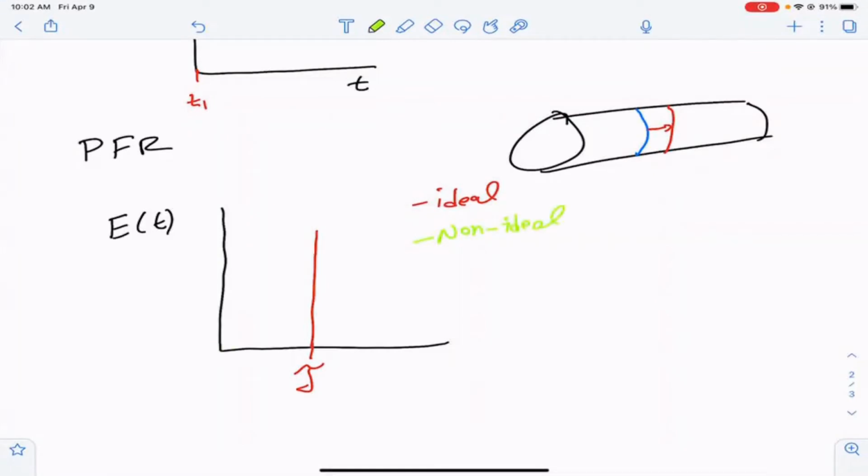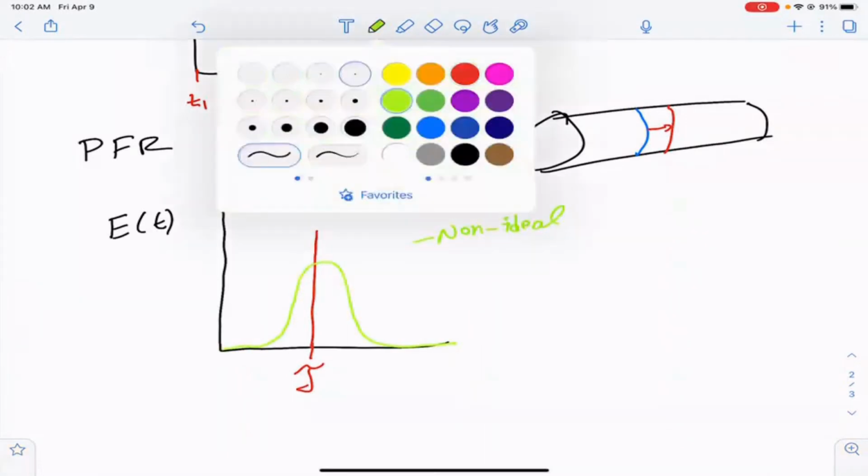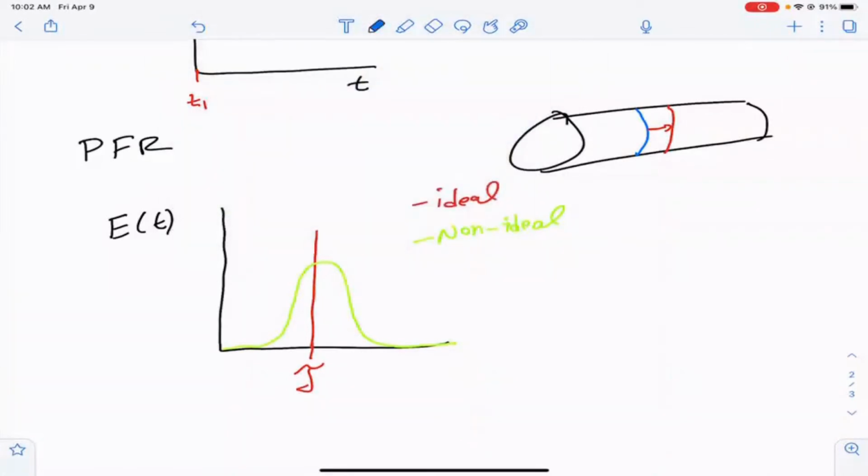Well, actually, you could have an E of t that was broad. You also could have one, let's say that we had short circuiting and back mixing, right? You could have an example where here, the short circuiting is going to come out very early, right?